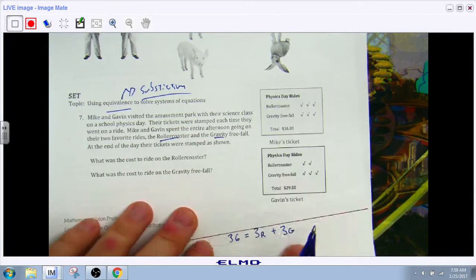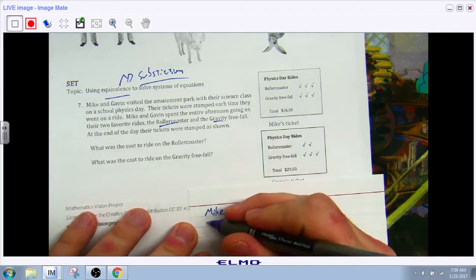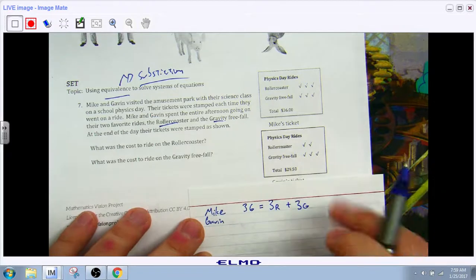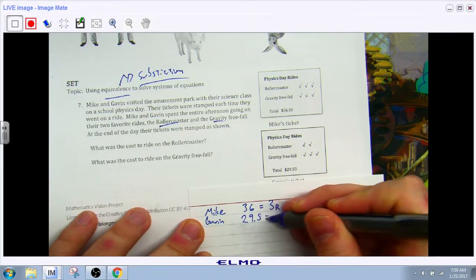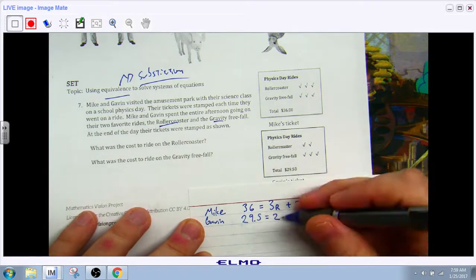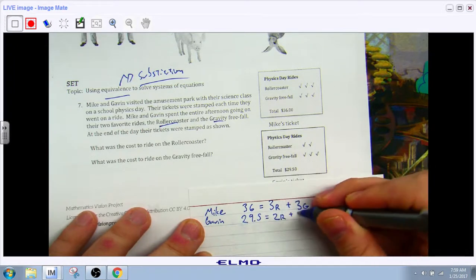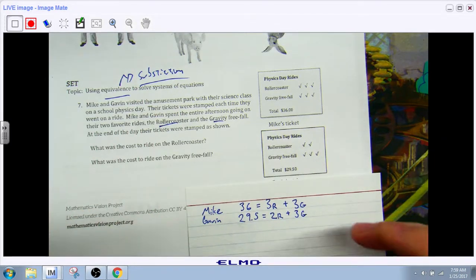Now I have to look at our buddy Gavin here. He ended up spending $29.50, and that equaled 2 roller coaster rides and 3 gravity rides. And so now we have to figure out what R and G equal.